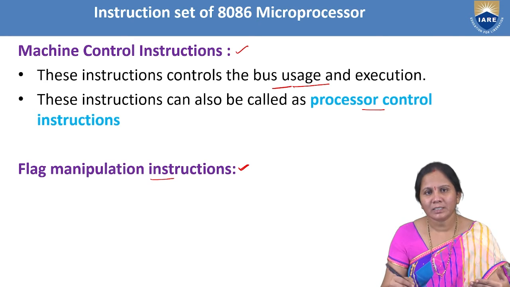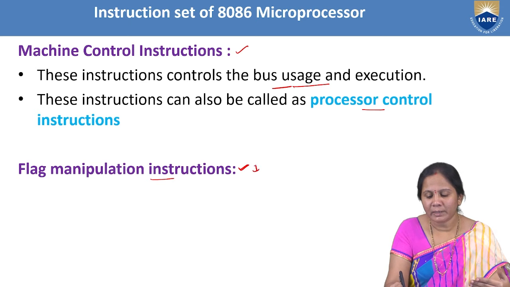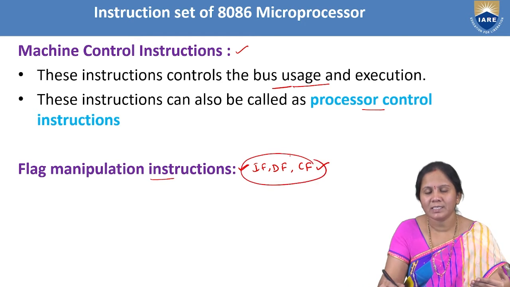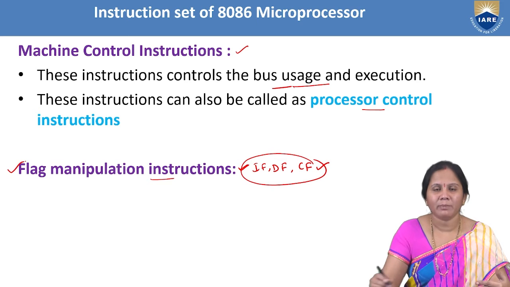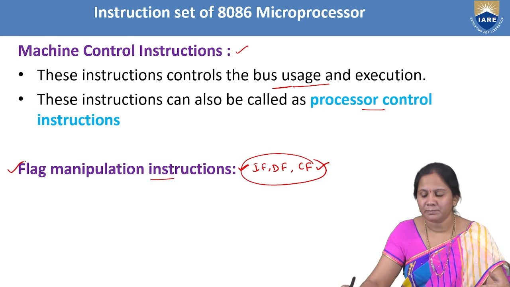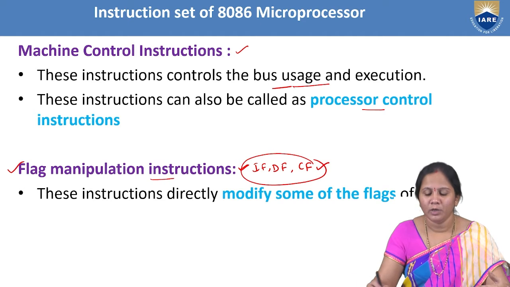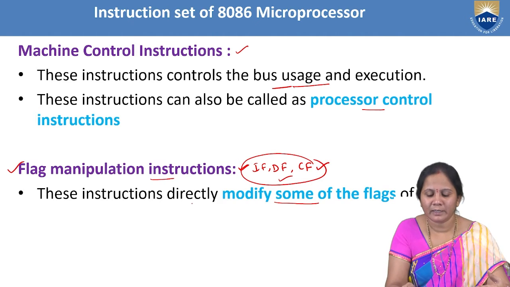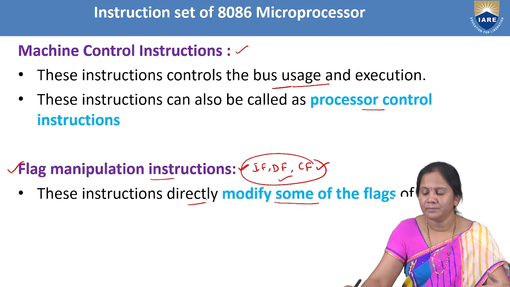So the instructions based on these 3 flags, the interrupt flag, direction flag and carry flag, come under flag manipulation instructions. When these instructions are executed, they modify the status of the flags directly.